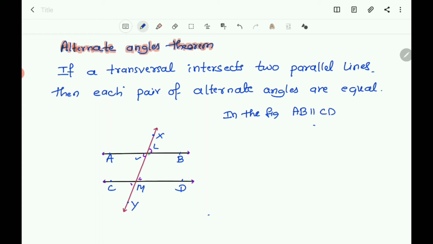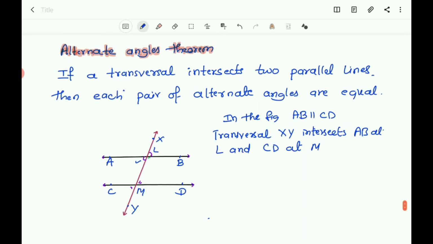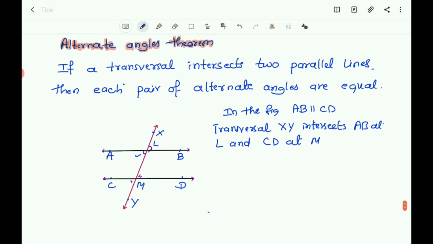Here AB is parallel to CD and XY is a transversal intersecting AB at L and CD at M. Transversal XY intersects AB at L and CD at M. Then let us verify the alternate angles and also let us prove it logically. The pairs of alternate angles are equal here.